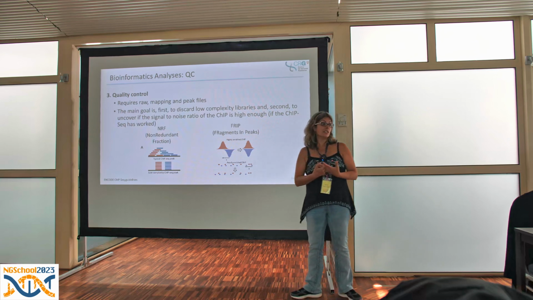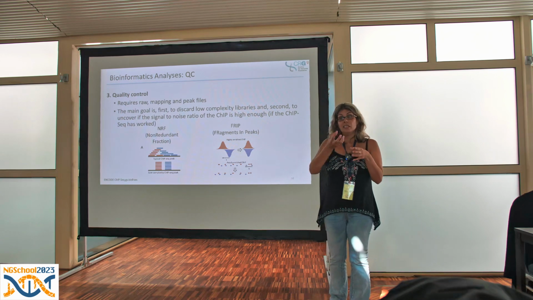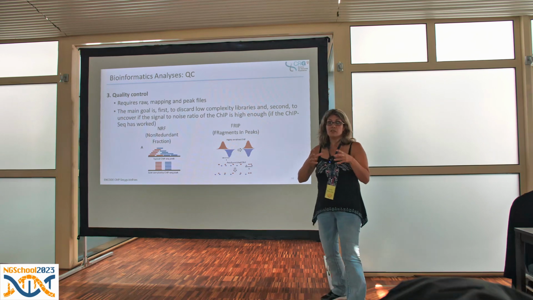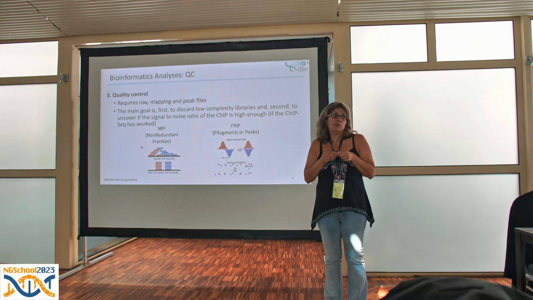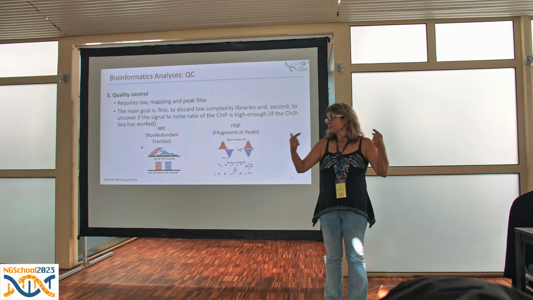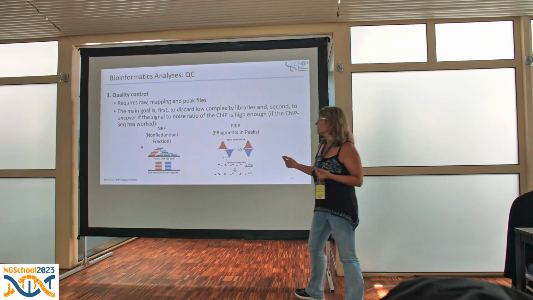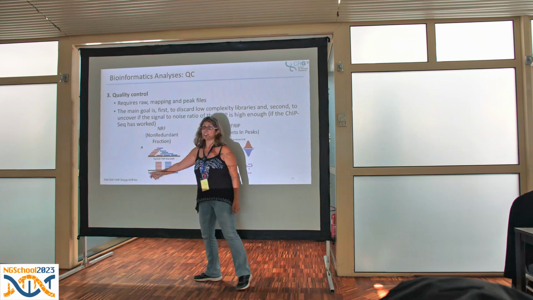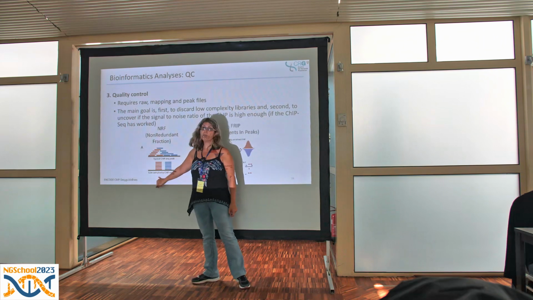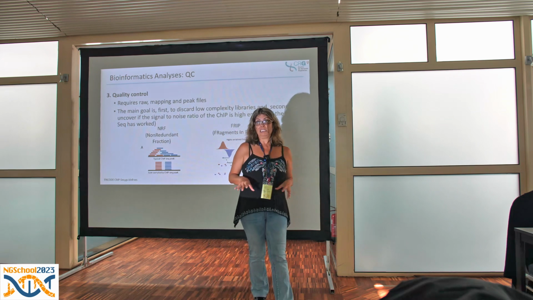This is because the technology starts from a tiny amount of DNA, and you immunoprecipitate it, which means that you end up with a really tiny amount of DNA, which has to be amplified. So you can get a lot of PCR duplicates. And this is what this metric is telling us, okay? So you have a low complexity library, in this case from a ChIP that has worked, kind of.